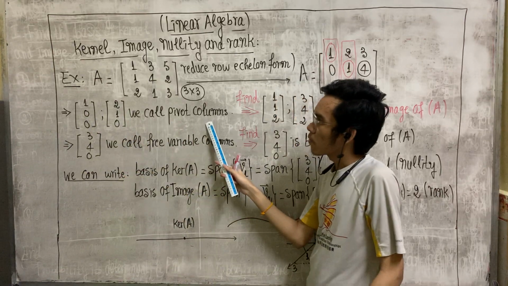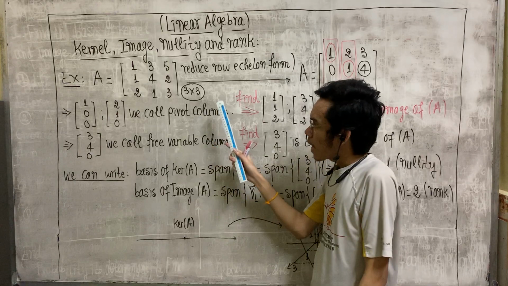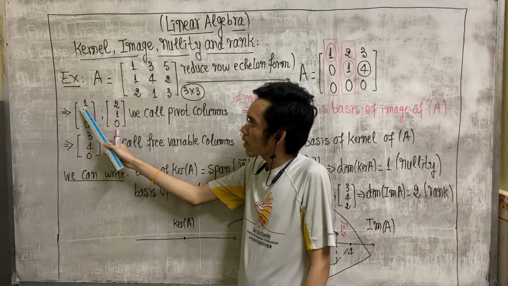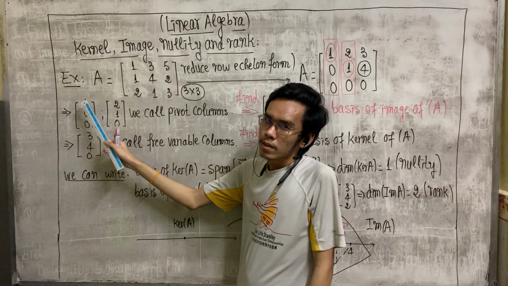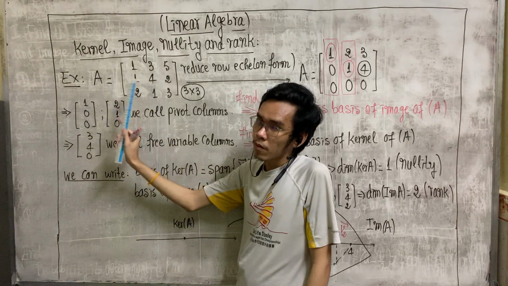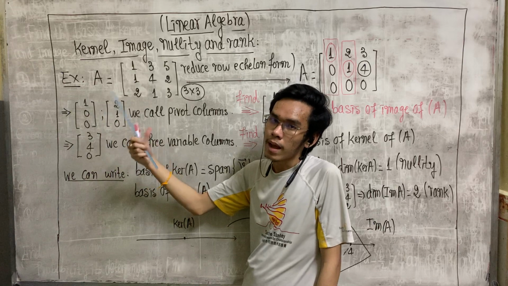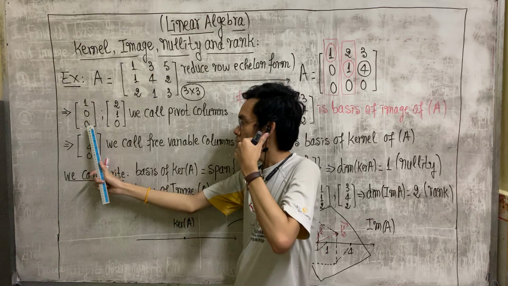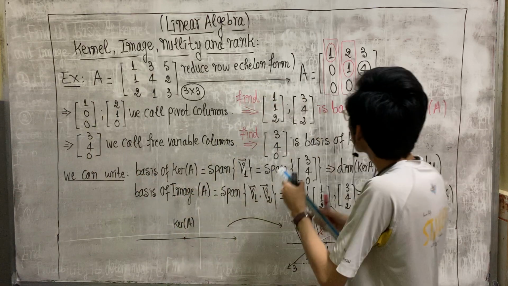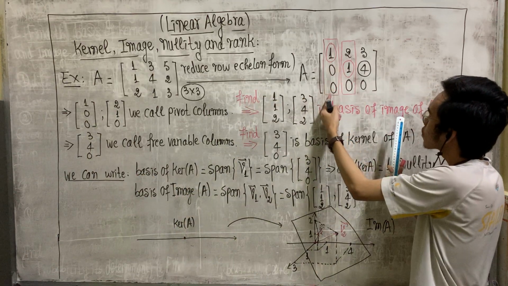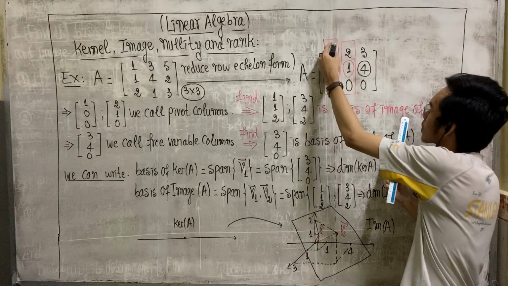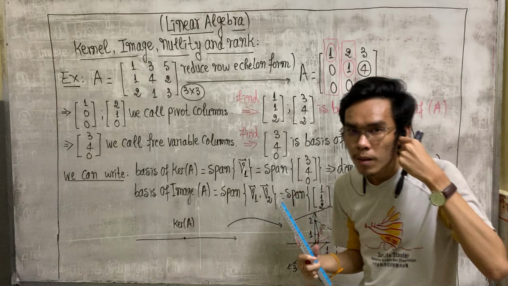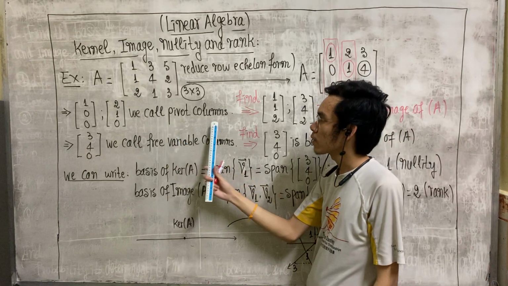The vector v1 is 1 0 0 and the vector v2 is 2 1 0, and we call them pivot columns. A pivot column is a column that has the number 1 in front, so we call it the pivot column.